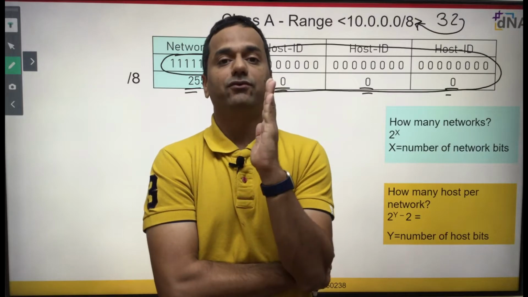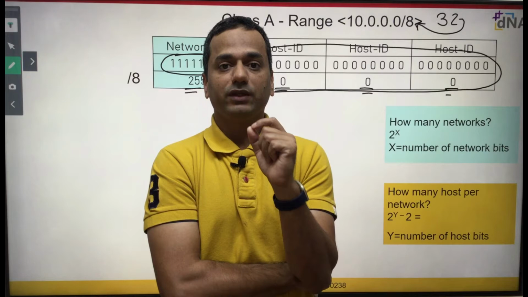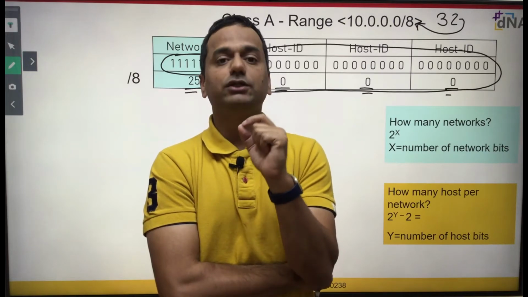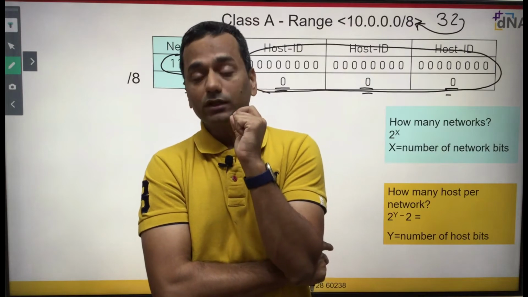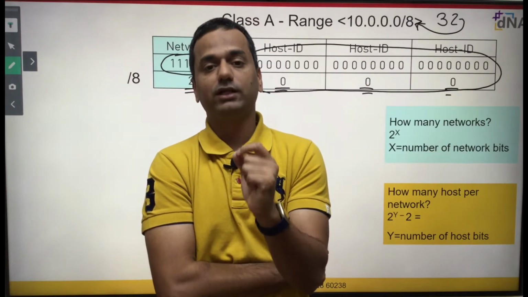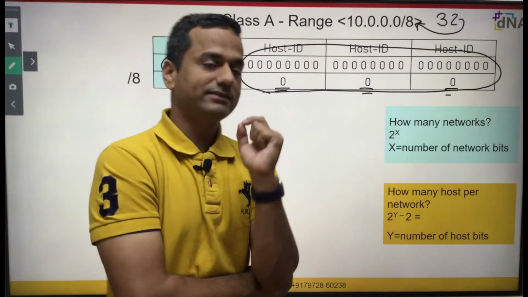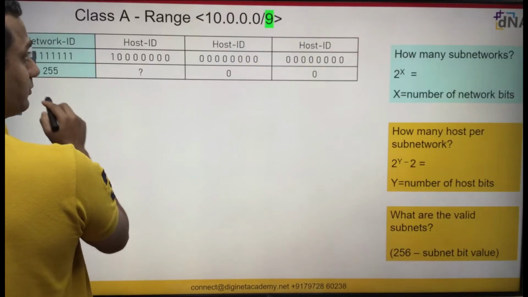Where will you do the increment? In the octet from which you borrow the host bit for the network, in that octet you will do the increment. Let's start.